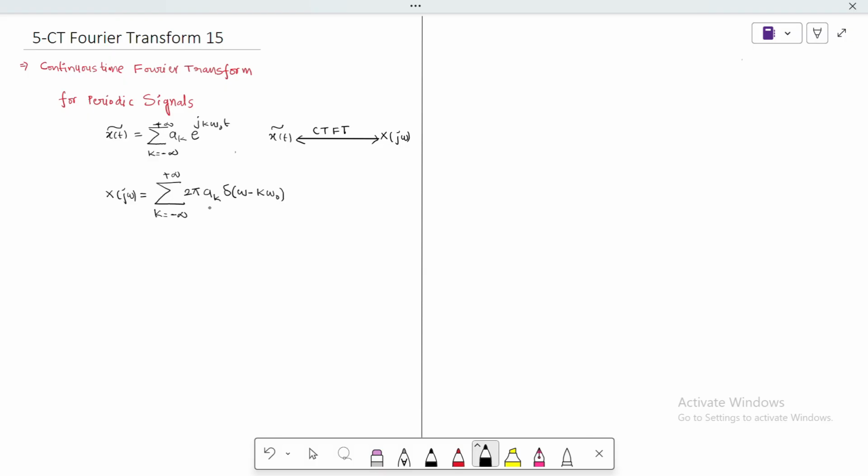Just substitute the ak value in this equation, then we will get the Fourier transform corresponding to that signal. So this is the case.